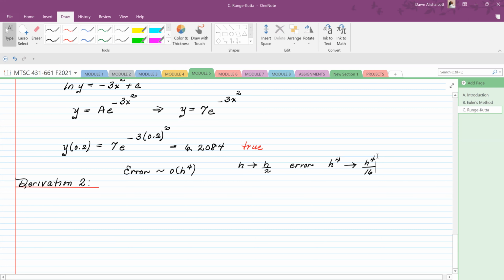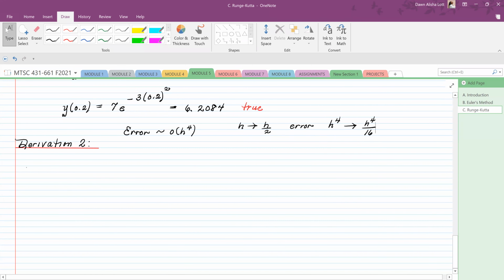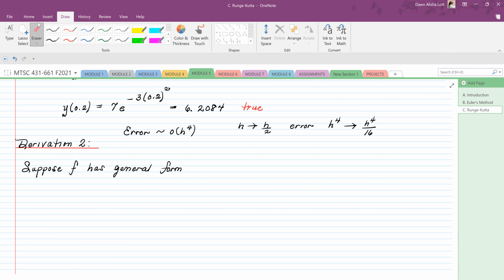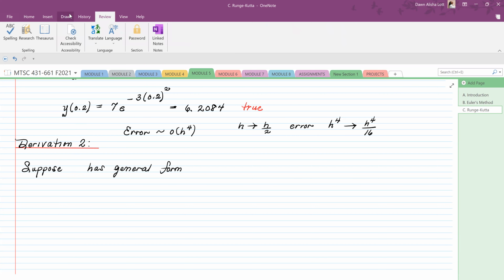All right. So let's suppose F has the general form. And actually, I want this to be capital F, not little f.